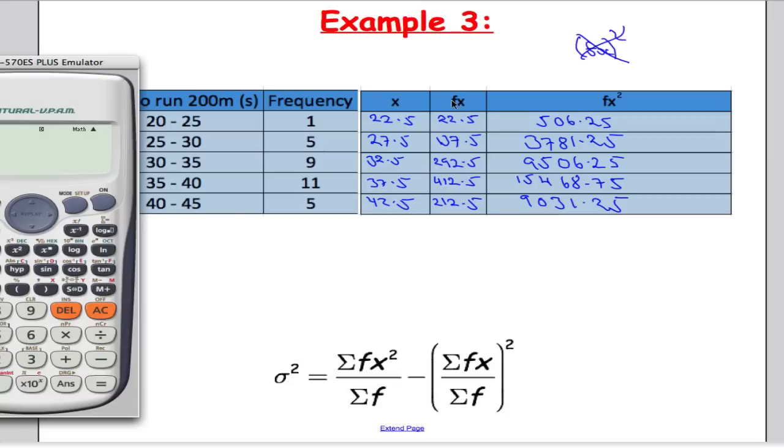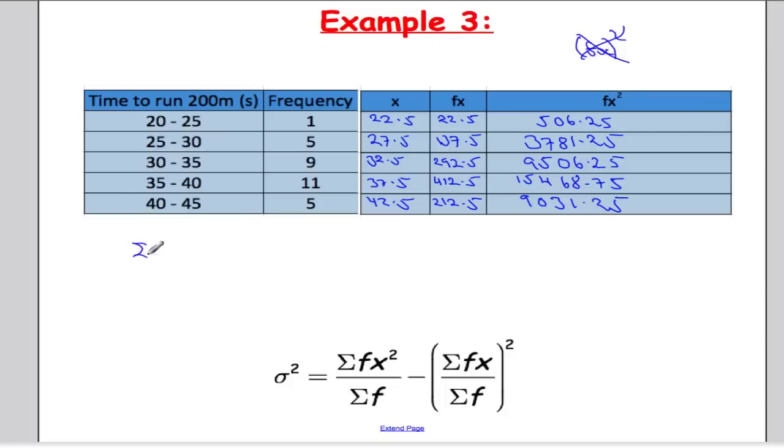Starting with this column here, this is the sum of the midpoints times the frequency: 22.5 plus 137.5 plus 292.5 plus 412.5 and 212.5 gives us 1077.5.